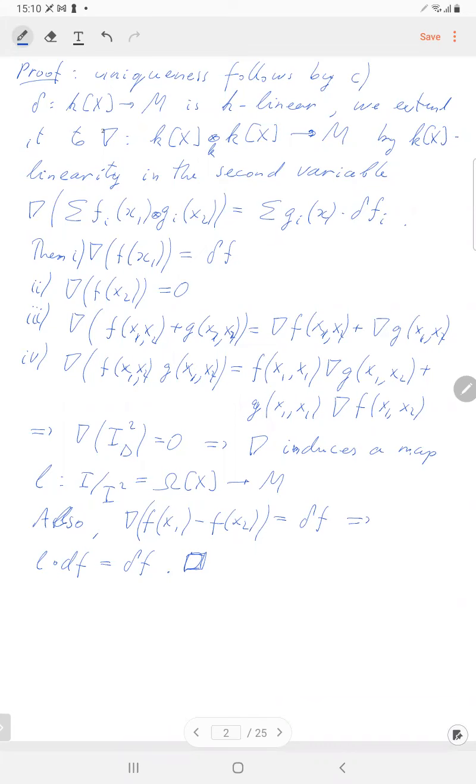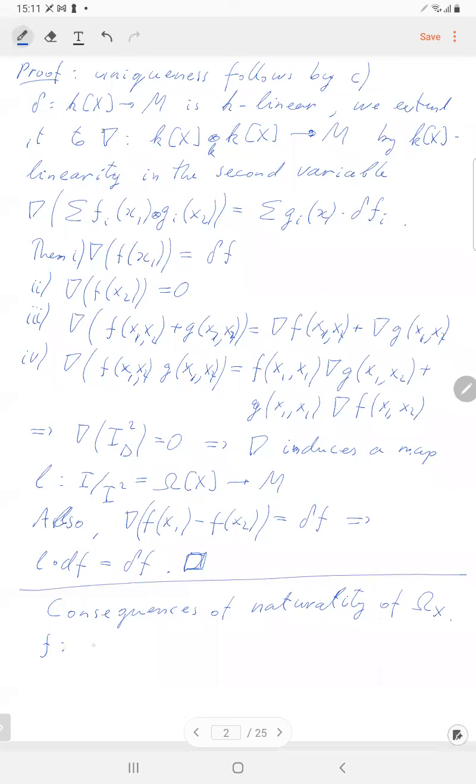For this reason, they are natural, and we will now exploit this naturality. Let's work in the local situation, so that we have two affine varieties.